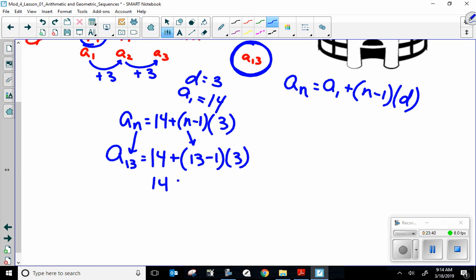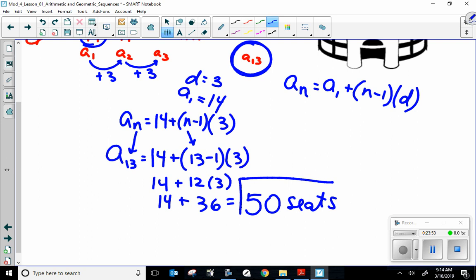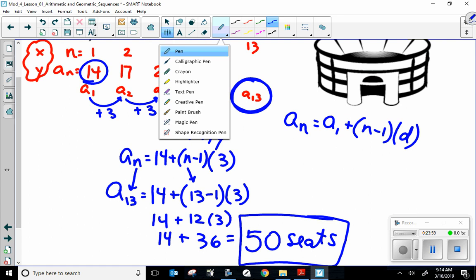Okay, so it's 14 plus 12 times 3. 12 times 3 is 36 plus 14. And if I add those, 50 seats in row 13. Let me recap this one more time.